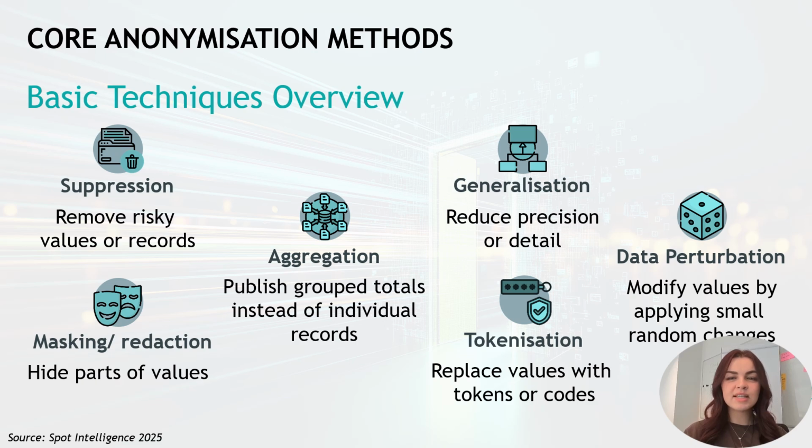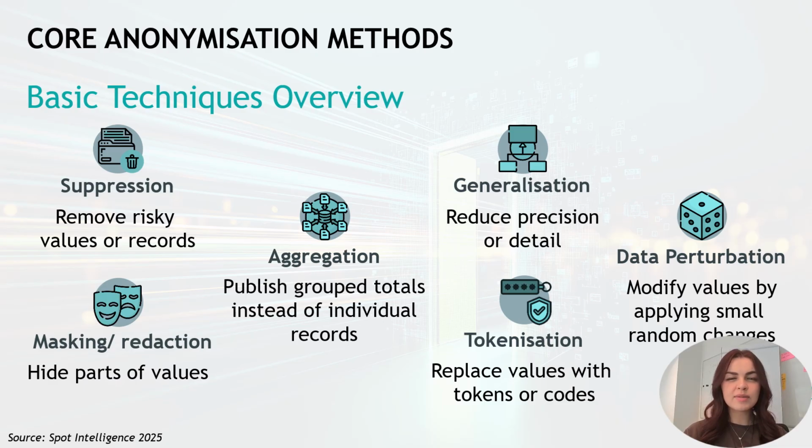There are several techniques that can help reduce identifiability. Suppression removes risky information. Masking or redaction hides parts of a value. Aggregation moves from individual records to grouped results. Generalization reduces precision, for example, by using age bands instead of exact ages. Tokenization replaces values with tokens or codes.